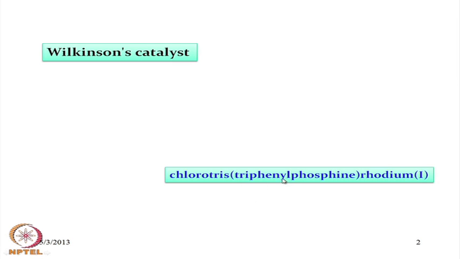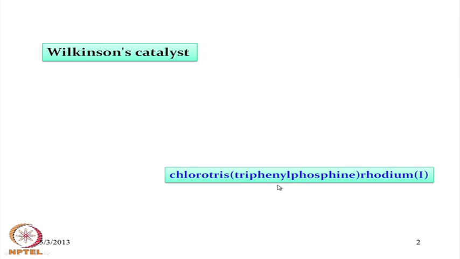But in this particular case, this is a different situation. Instead of going to the 0 oxidation state, we go to a +1 oxidation state using the metal ion rhodium, and that is why the compound will have one chloride anion as the ligand, and 3 other positions are occupied by 3 triphenyl phosphine molecules.